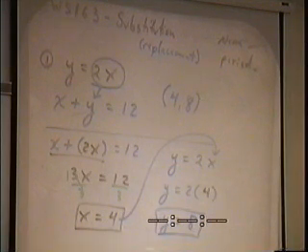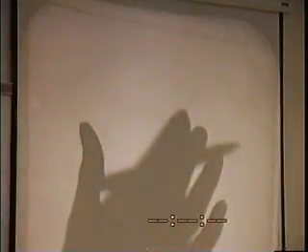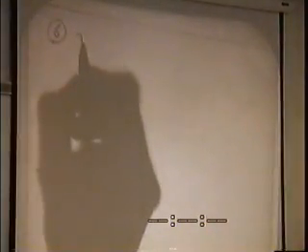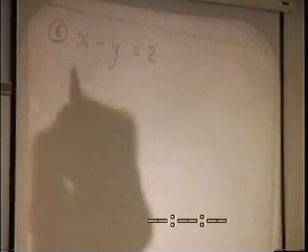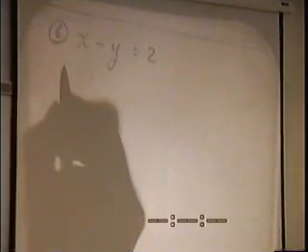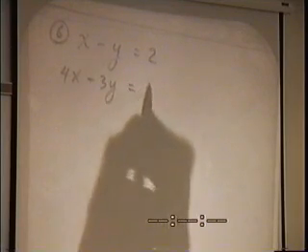Now number 6 is a little bit of a problem child. If we want to use substitution method, we've got a little trouble. We've got x minus y equals 2 and 4x minus 3y equals 11.